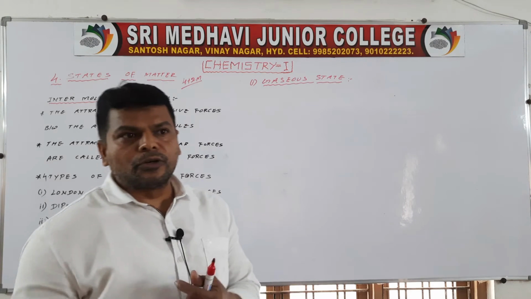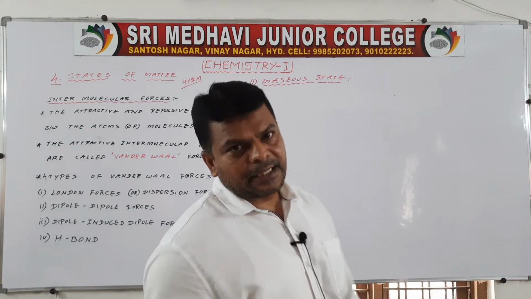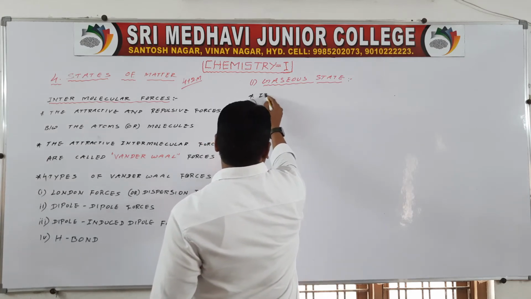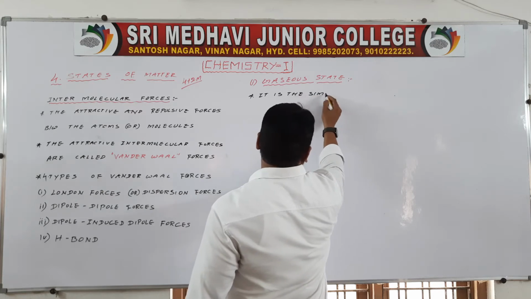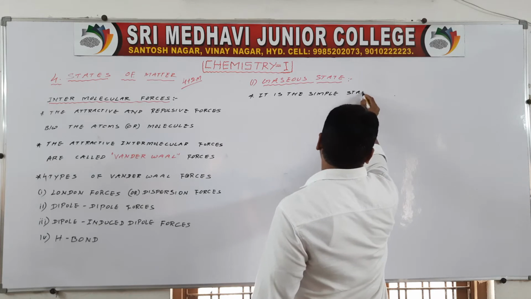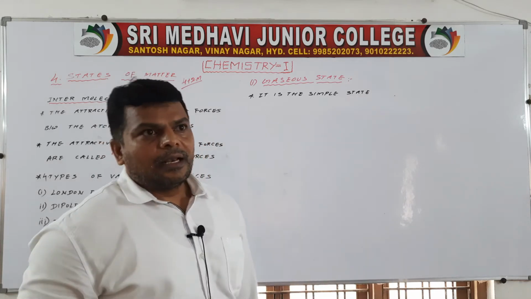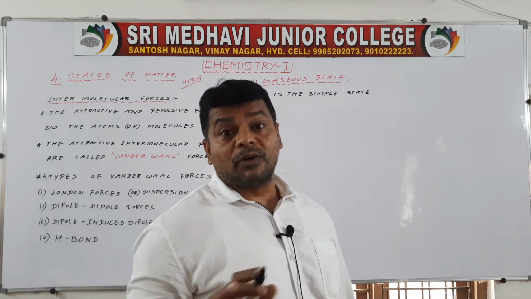Now you have to know how many gases are present in the periodic table. Total 11 gases are present in the periodic table. Total how many elements do we have? 118.